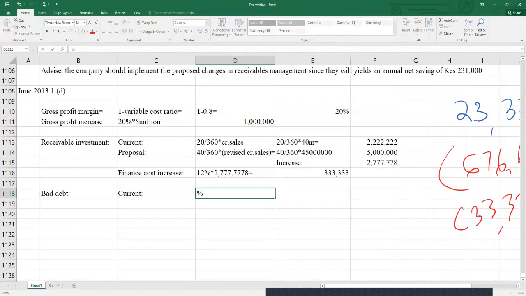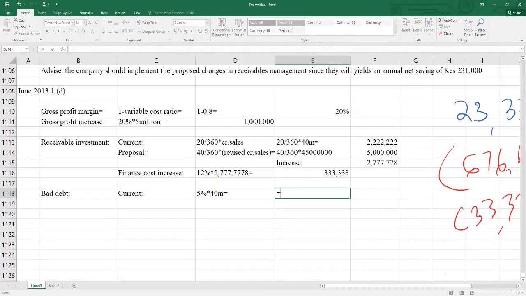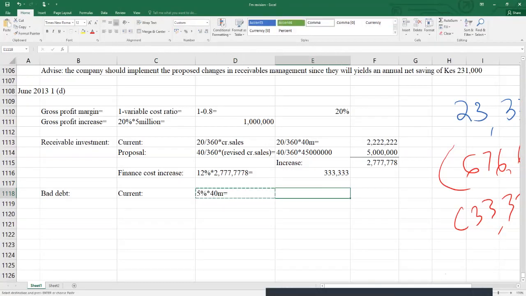So it's 5% of the company's current sales, which is 40 million. That would be equal to, how much did you get? 2 million. You get the bad debt to be equal to 2 million, the company's bad debt.